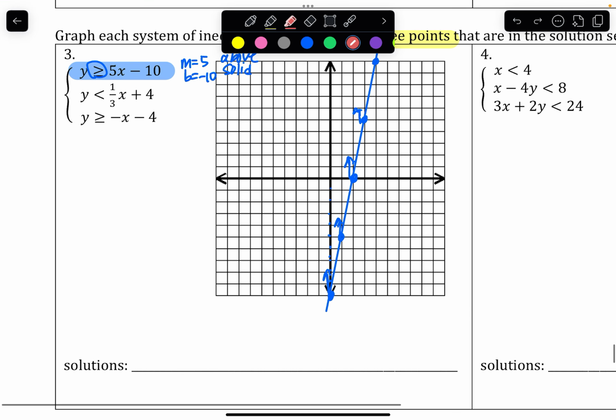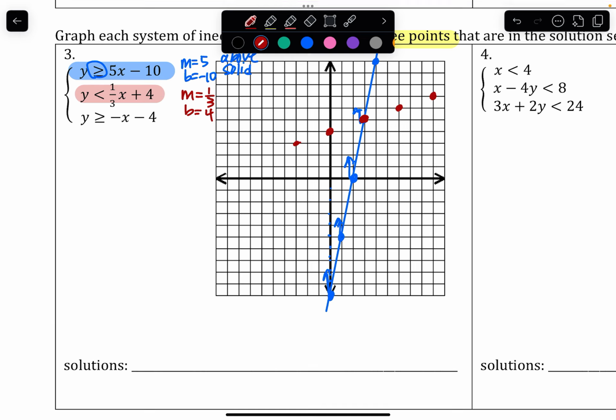Okay, for my next inequality, we have less than 1/3 x plus 4. And so my slope is 1/3, my y-intercept is 4. So starting at 4, we're going to go up 1 over 3. There's an intersection, we care about that. Up 1 over 3.